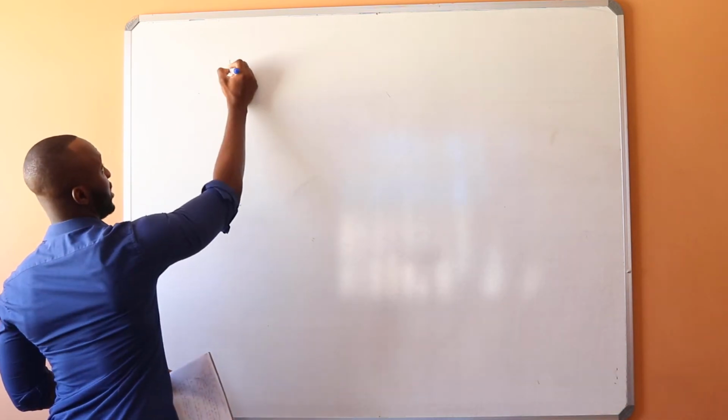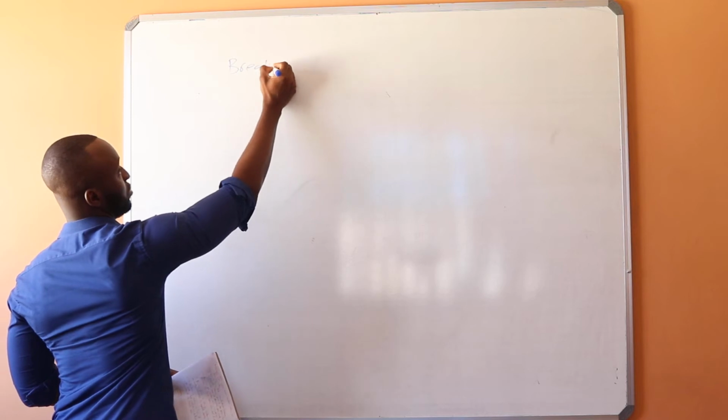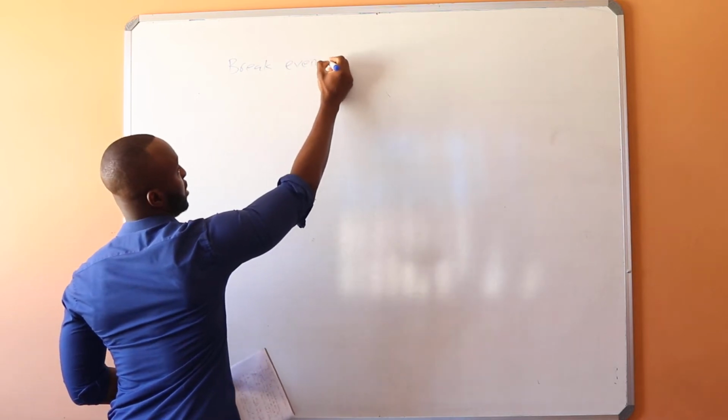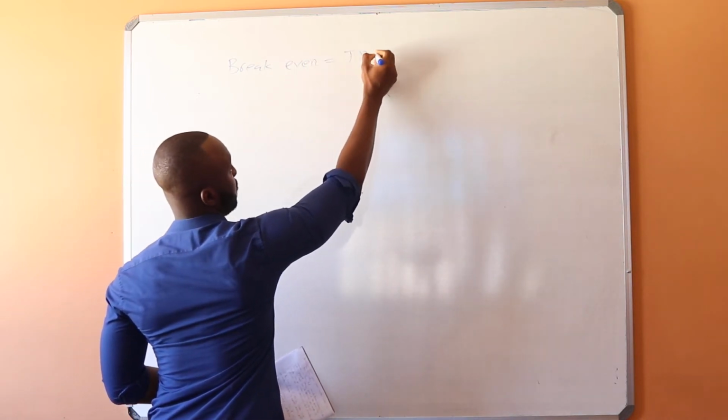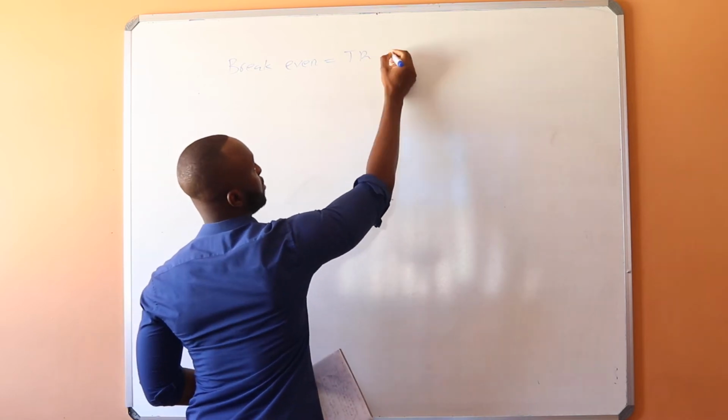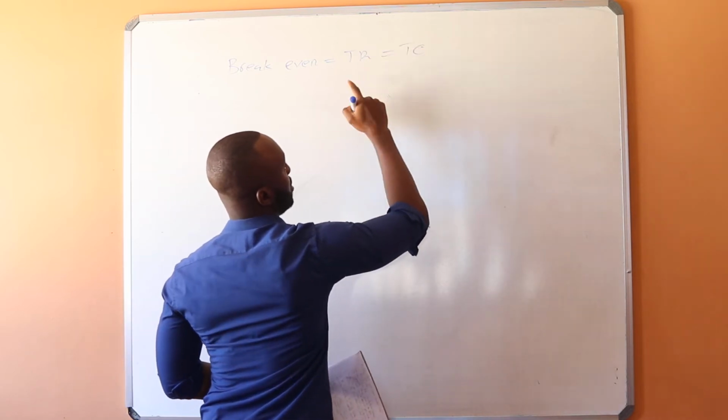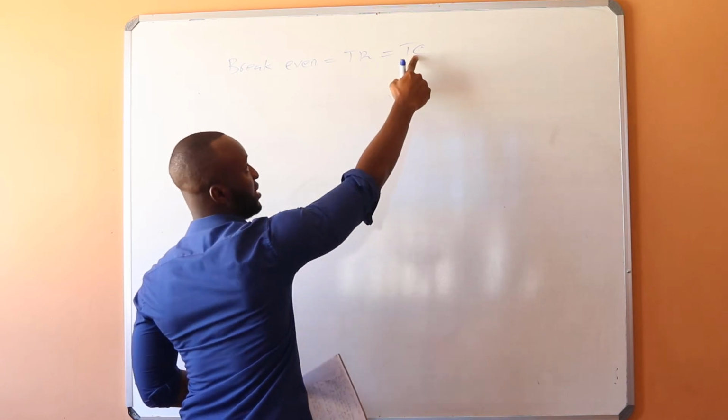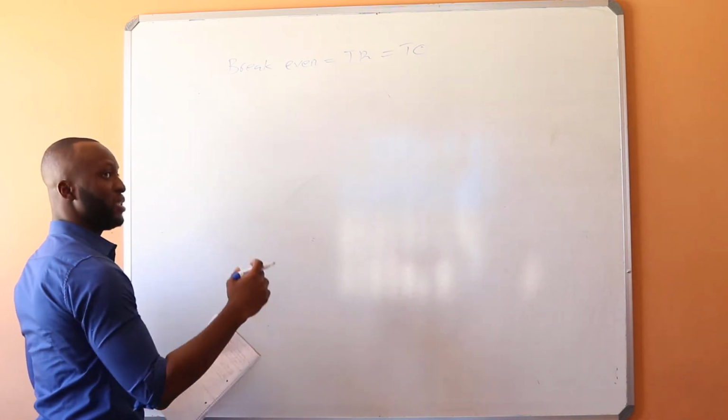The formula for break even is when total revenue is equal to total cost. TR is total revenue, TC is total cost. So what is total revenue?